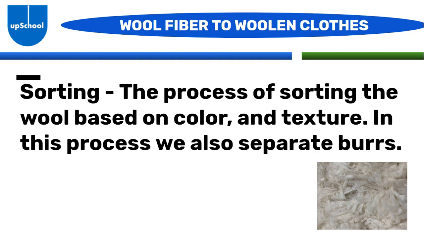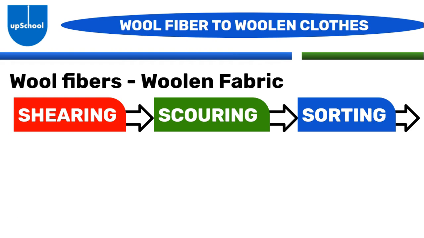Sorting is the process of sorting the wool based on texture and color. In this process, we also separate burrs. So basically, once we have this clean wool fibers, we take out some bad stuff and we separate it based on the different colors and the different textures. So first is shearing, then scouring, and then we start to sort the wool fibers.